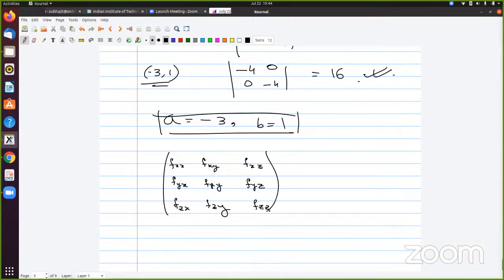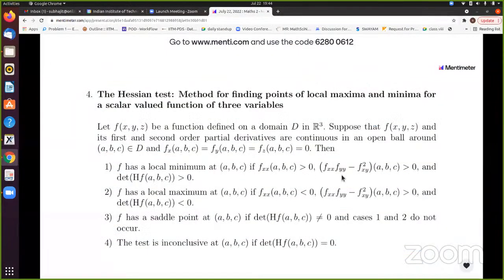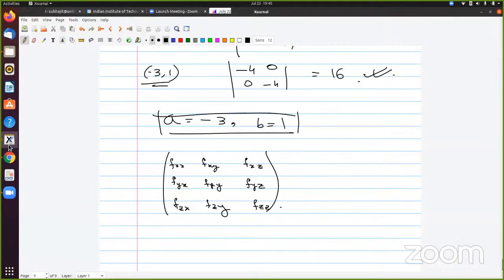So this is the Hessian matrix, right? So the determinant of the Hessian matrix, we know needs to be greater than 0 or less than 0 for the conclusion. And here is another point, which is fxx fyy minus fxy squared. So that is basically this portion, this minor, right? The remainder of this minor.